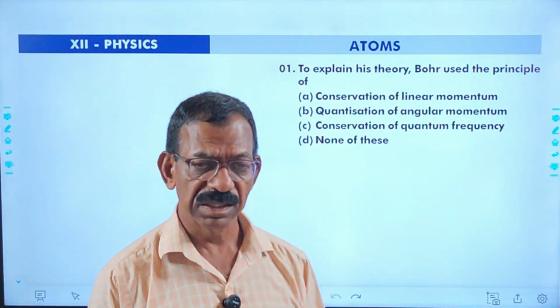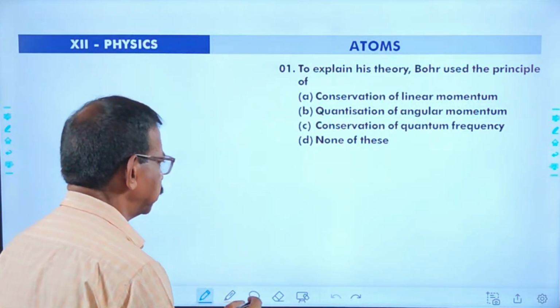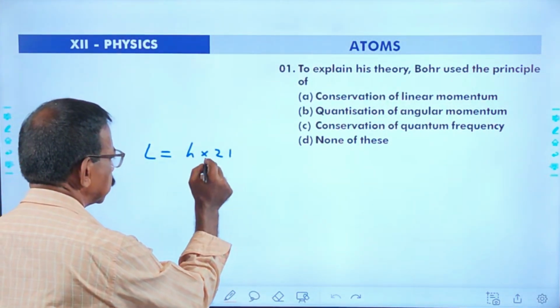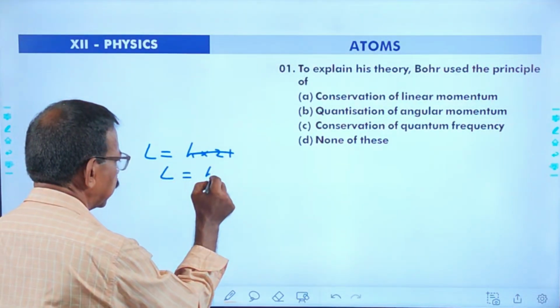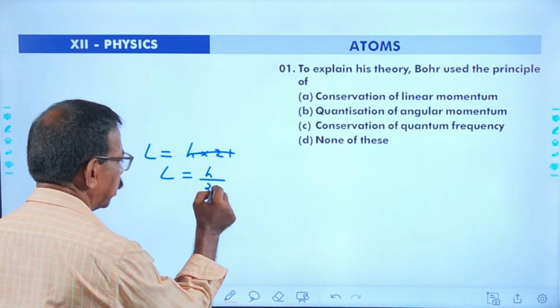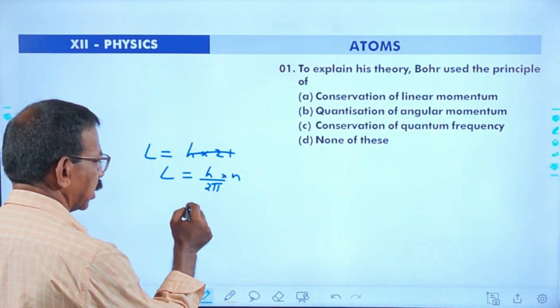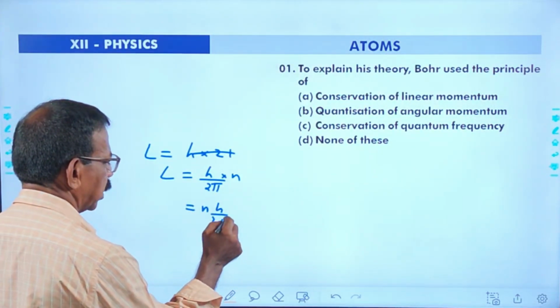The second postulate is that angular momentum is an integer multiple of h by 2 pi. Integer means n equal to 1, 2, 3, etc. So it is n h by 2 pi.